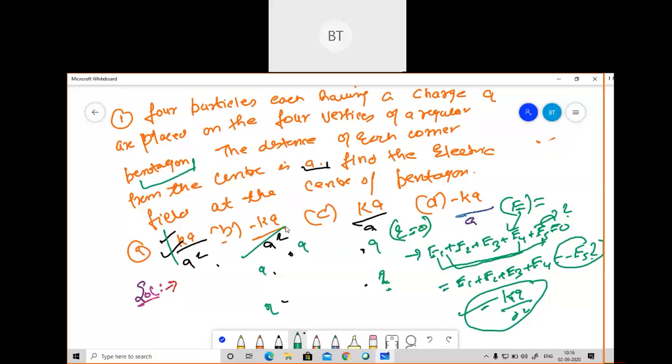Now they are asking me to calculate E5, so see how E5 has been calculated in a very simple way. If any doubt, please tell me, or we'll move to the last question. So option B is correct. Similar questions are coming from point charges in GATE.